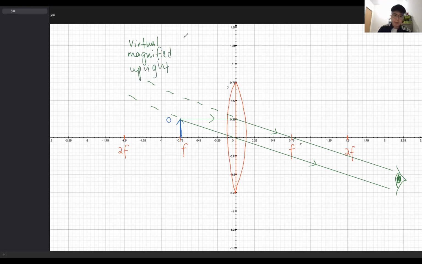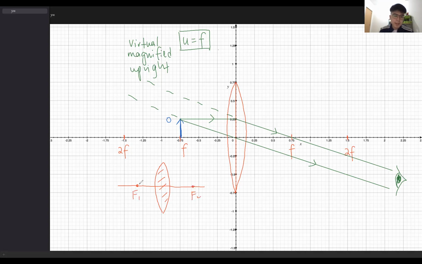This is for the second one, U equals to F. If your object is placed at the focal point, you get an infinity image. And this is also true for the first two diagrams of the convex lens that I showed you, right? You have focal point 1, you have focal point 2.